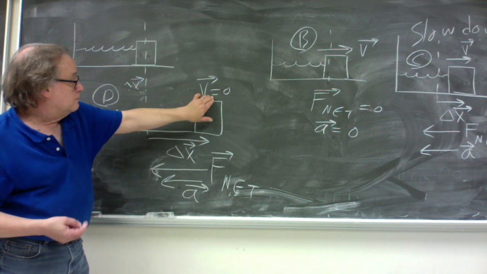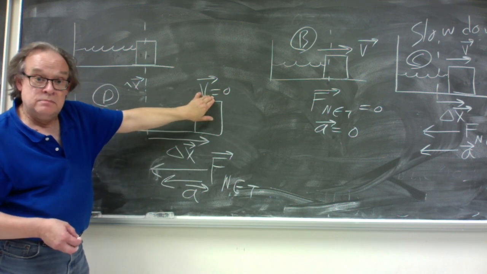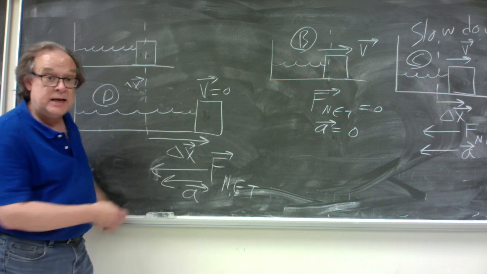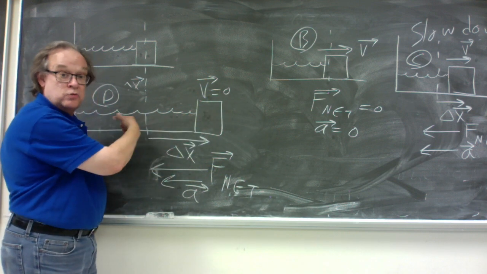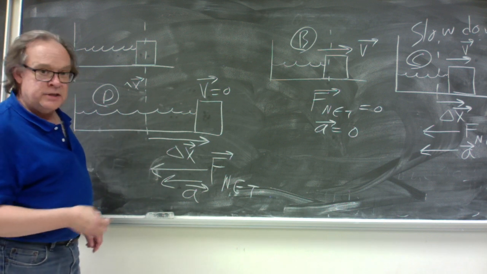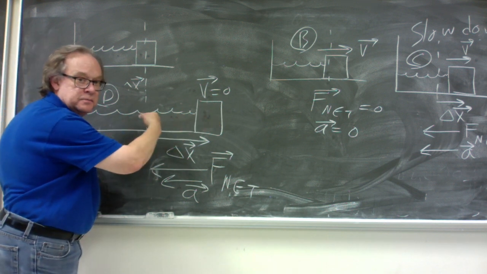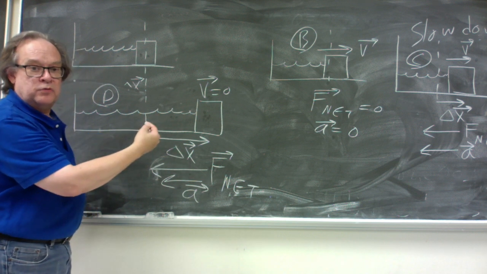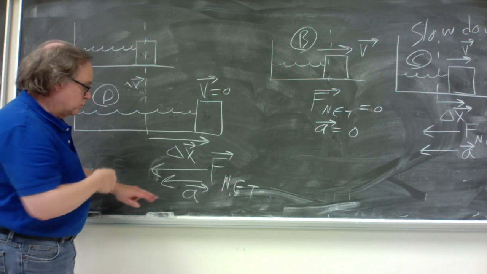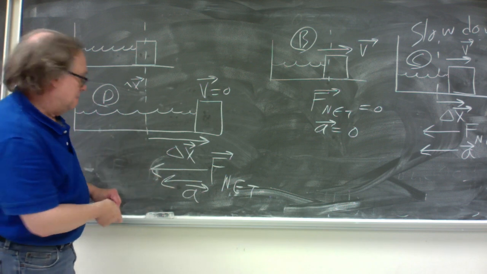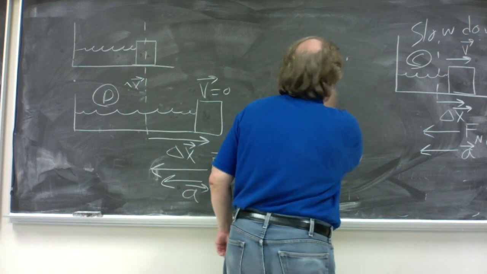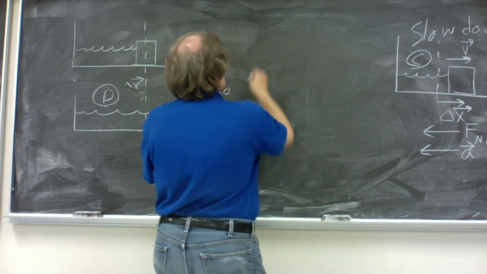So it has zero velocity at this moment, but it's having leftward velocity added on, so it's going to start moving to the left. And as it moves to the left, it will have leftward velocity, and then still more leftward velocity added on. So let's look at that.